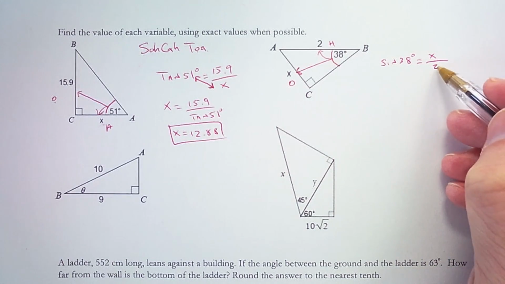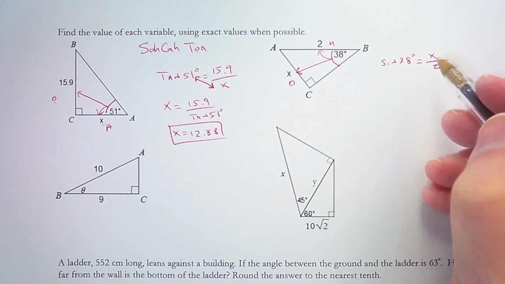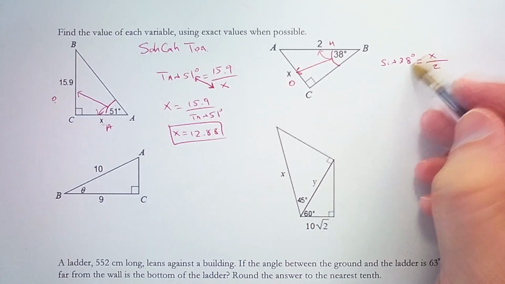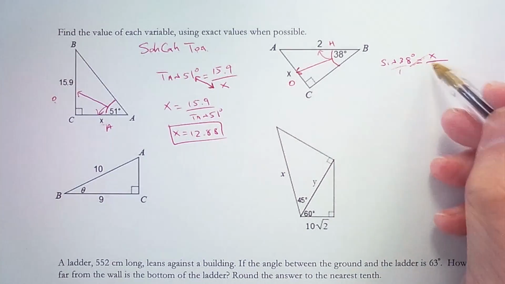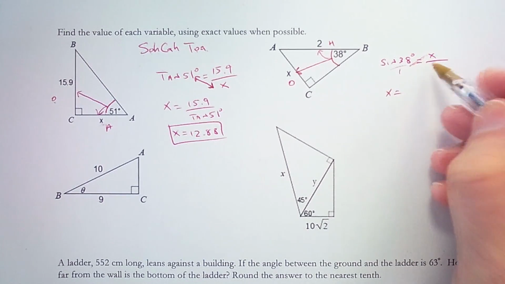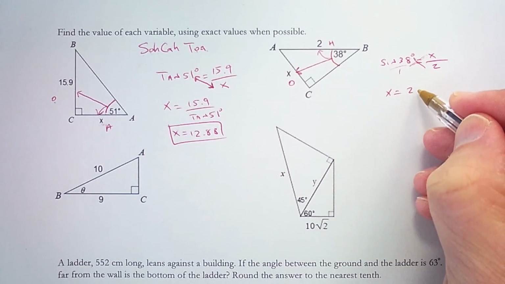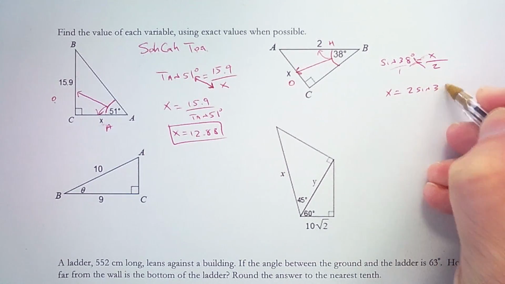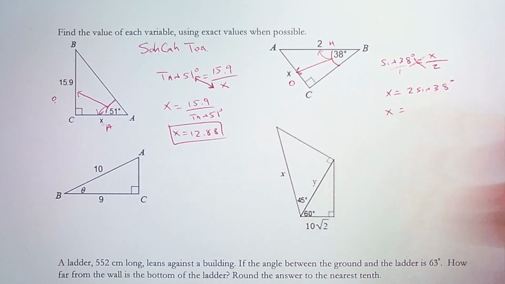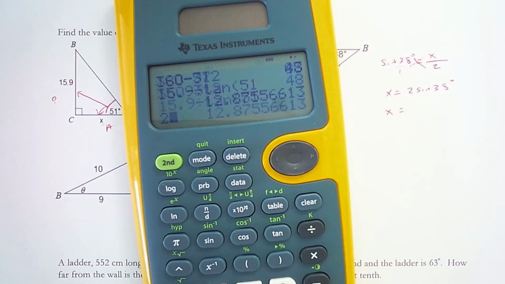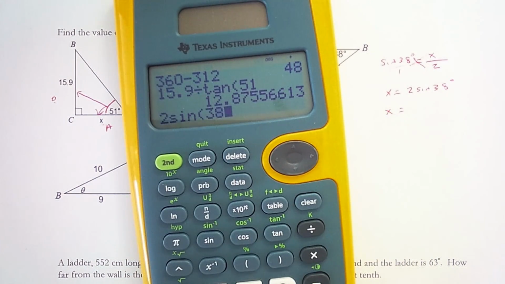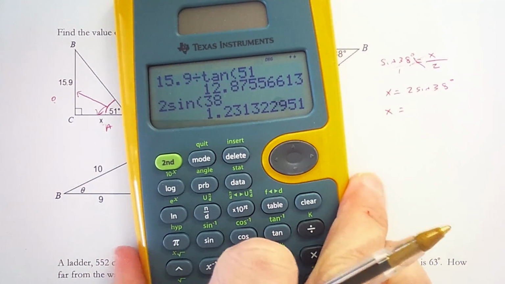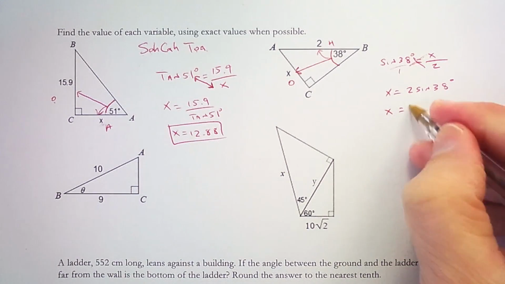When the variable is in the denominator, I like to cross multiply. So I have x times 1. This is really over 1. So x times 1 equals 2 times sine 38 degrees. 2 times sine 38 degrees is 1.23.